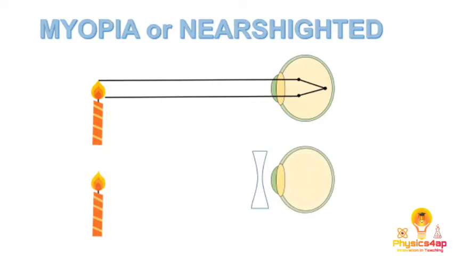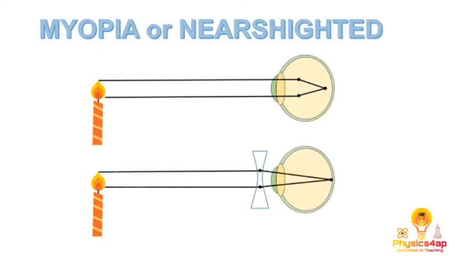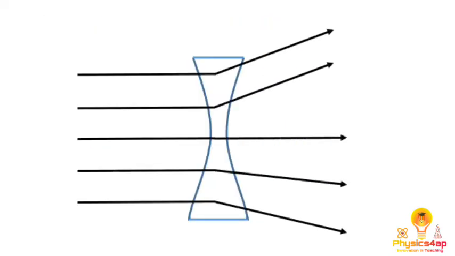For that we need a concave or biconcave lens, so that the light gets diverged first, then falls upon the convex lens of the eye and focuses upon the retina. So it is also used as a correction of myopia.